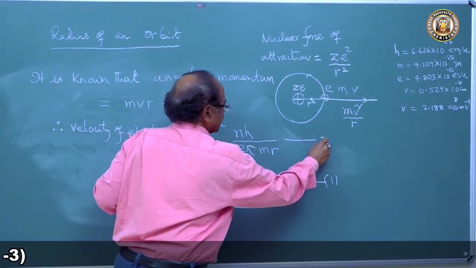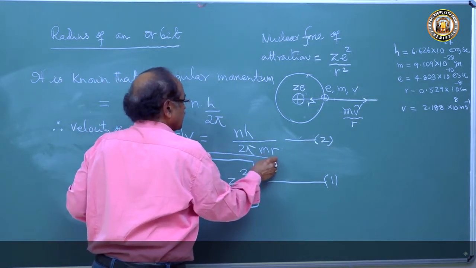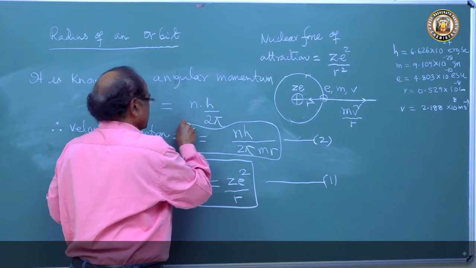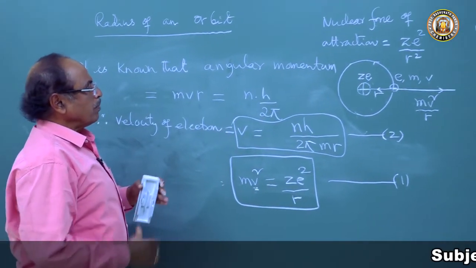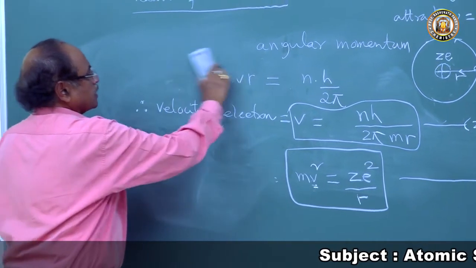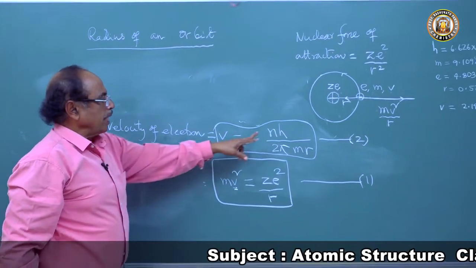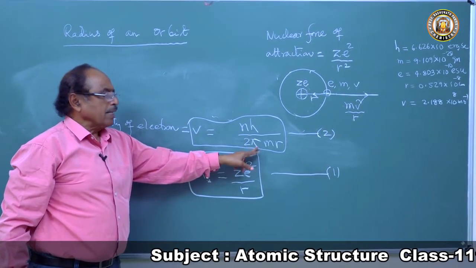Let this be our equation 2. This is the value we will be using to calculate the velocity of the electron. So mv square is equal to z square by r, and the velocity of the electron is v equal to nh by 2 pi mr.